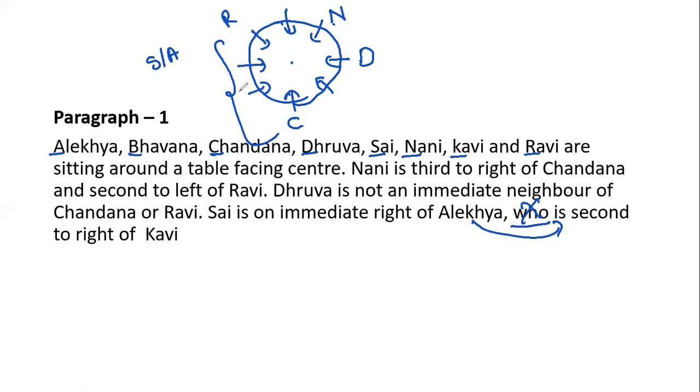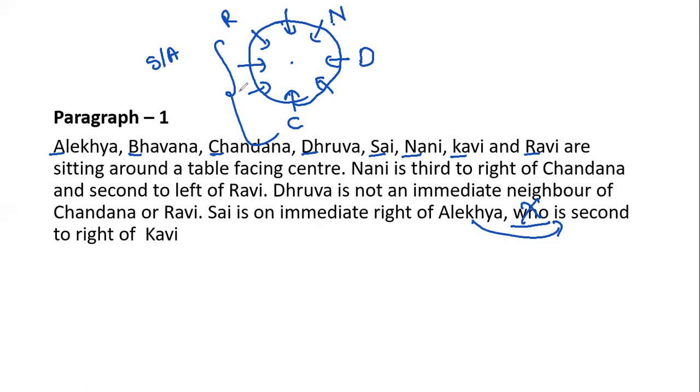I can fix these two places for Sai and Alekhya. I don't know exactly in which place Sai is coming and in which place Alekhya is coming, but if Sai is on the immediate right of Alekhya, in the diagram I can see only two places which are side by side. So Sai or Alekhya will be occupying those positions.